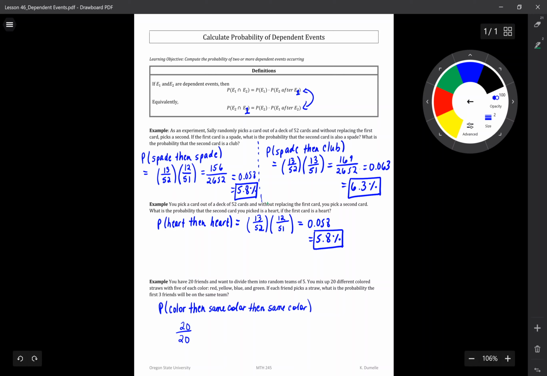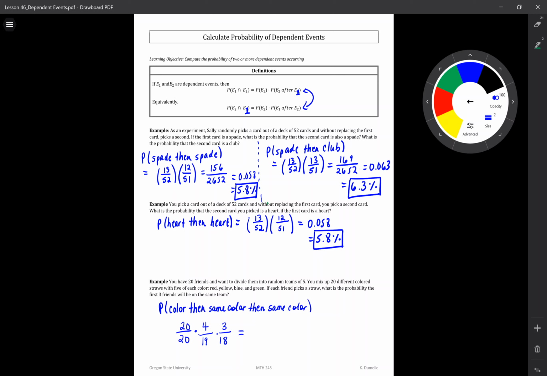It doesn't matter what the first color is. But if I pick the same color second, I only have 4 possibilities for picking that same color, right? Since I have 5 straws of each, I've already picked 1. I only have 4 left of that same color out of 19. And then if I pick another one, I only have 3 straws left of that color out of 18.